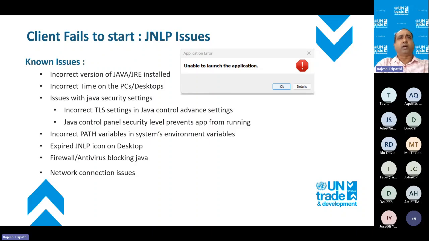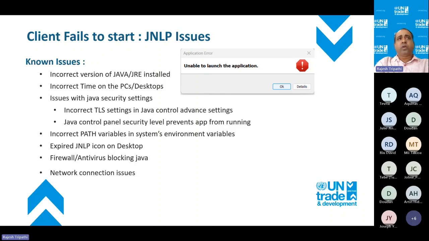And most common issues are incorrect use of Java JRE version in user computer. So they would install a wrong version of Java, or the computer will automatically upgrade the Java. So the incorrect version of Java is the primary reason you see this screen.